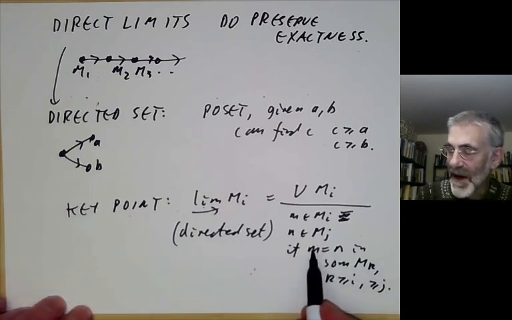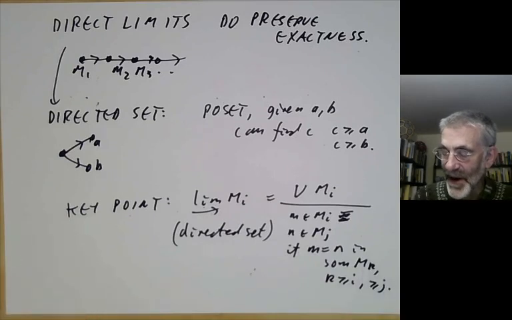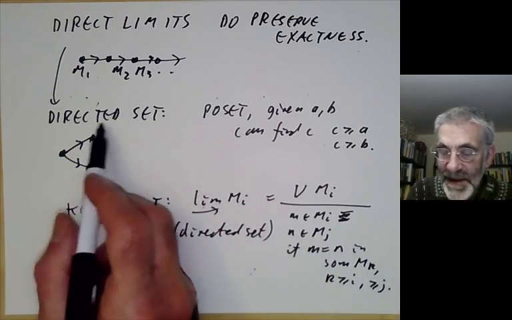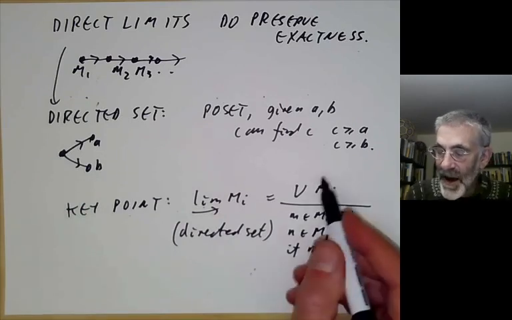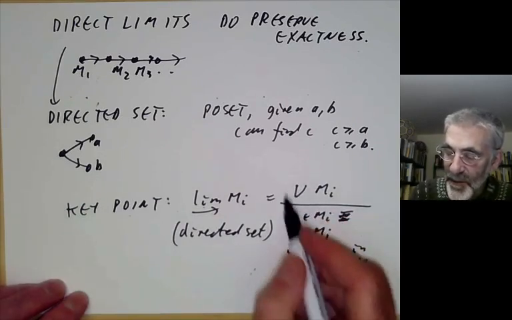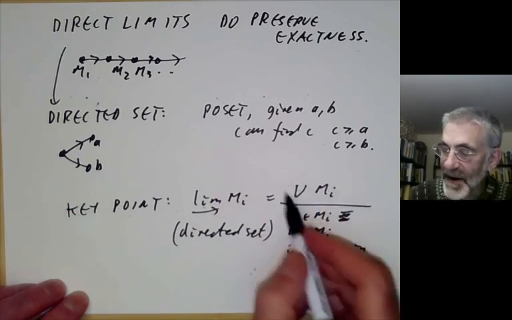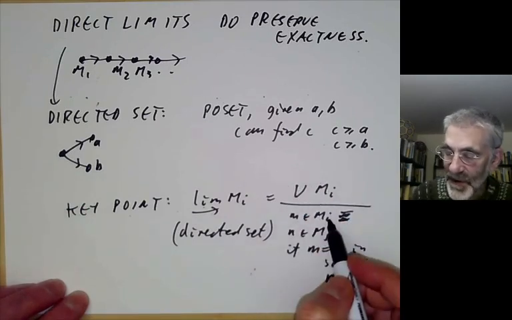When I say that, I mean the image of m and n in some Mk. And the fact that the set is directed shows that this is actually an equivalence relation, and you can check that the colimit is in fact given by this union modulo the equivalence relation.